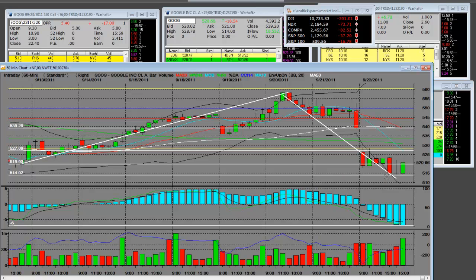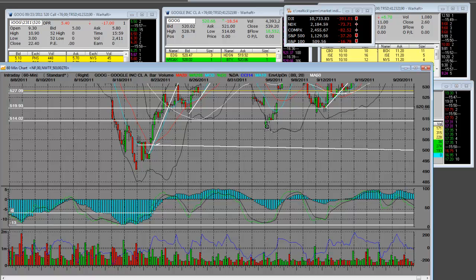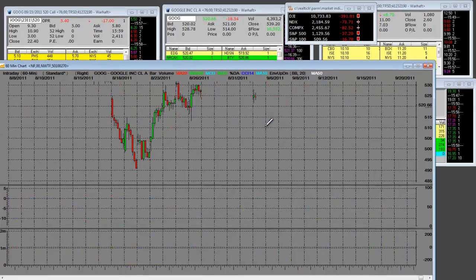And if it breaks, then we'll start looking at the 520 put tomorrow in case they want to take this down. If we break the trend line, we got to know where the bottom end of that trade is going to be, and it's going to be right here. And if we break the 510 handle right here, we'll use our platform to confirm it.